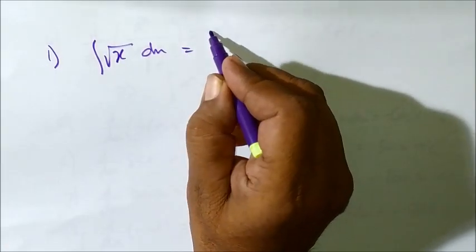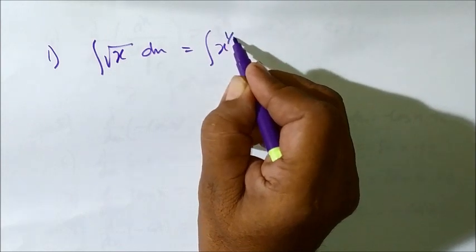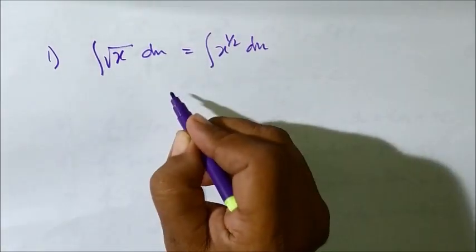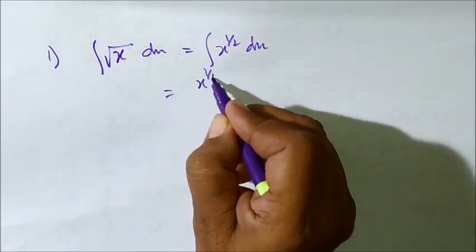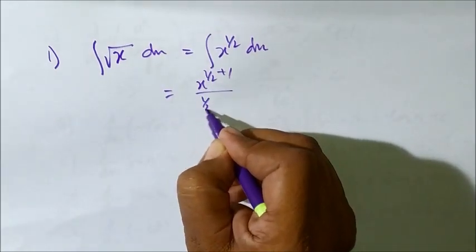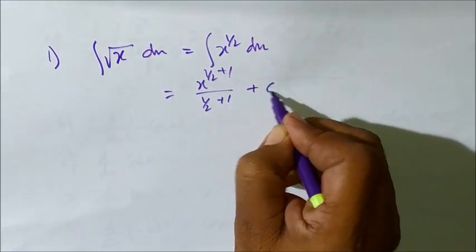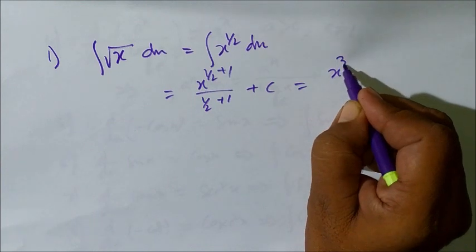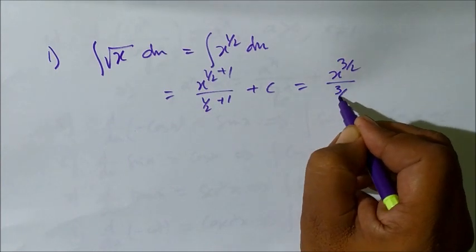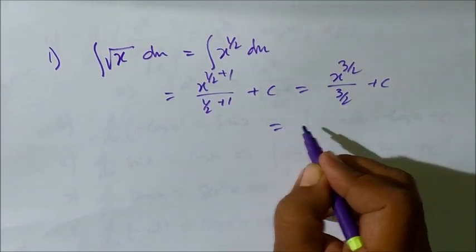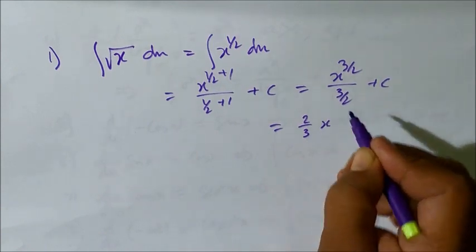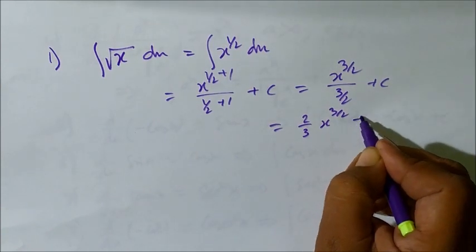This is equal to integral of x to the power half dx, which is x to the power half plus 1 divided by half plus 1, plus c. This is x to the power 3 by 2 divided by 3 by 2 plus c, which equals 2 by 3 x to the power 3 by 2 plus c.